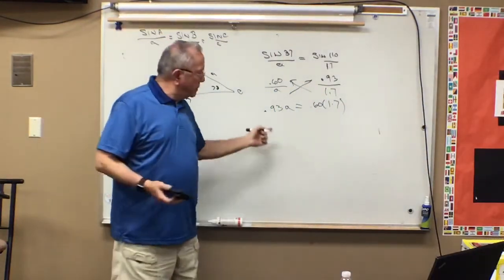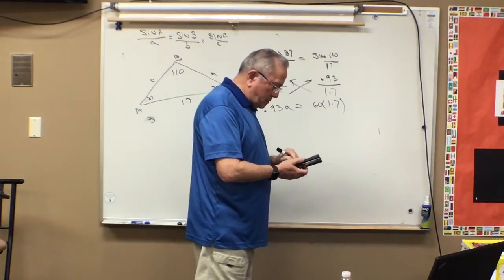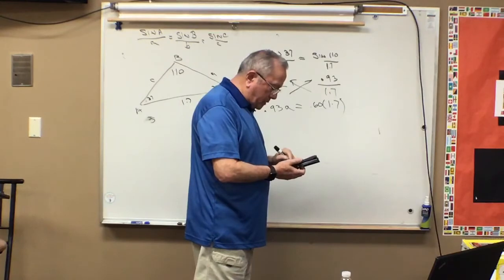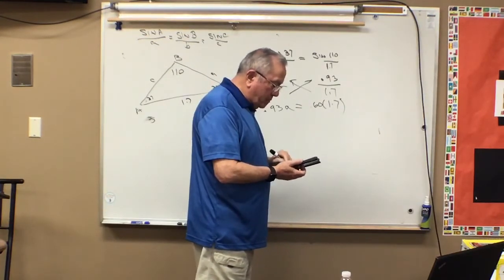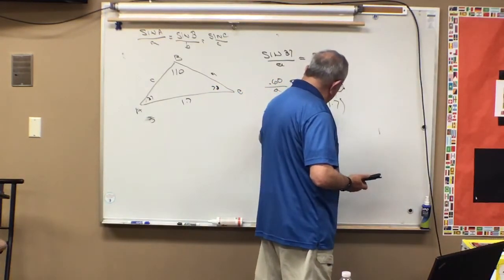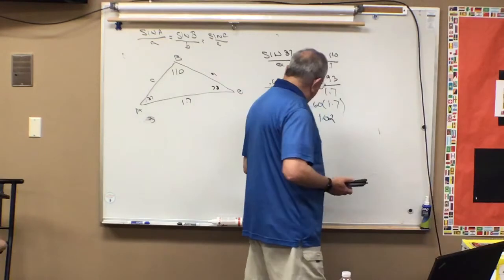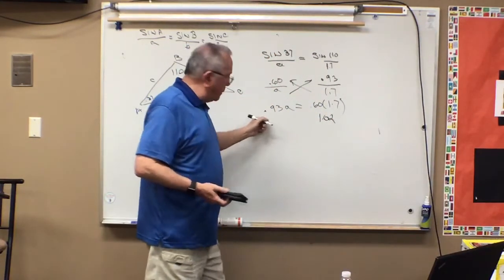Cross multiply, and I get what? 0.6 times 1.7 equals 1.02. Okay? Now, I've got to divide both sides by what? 0.93.